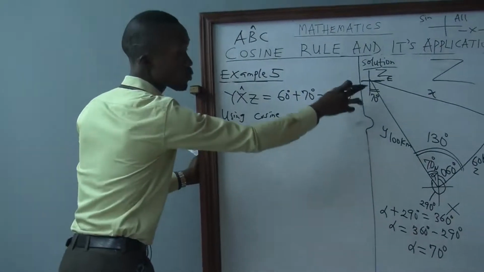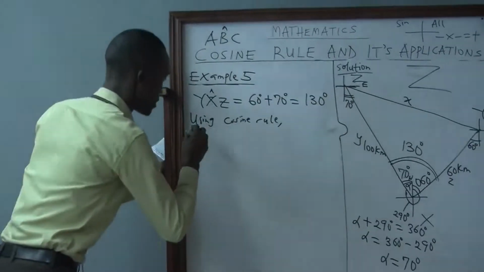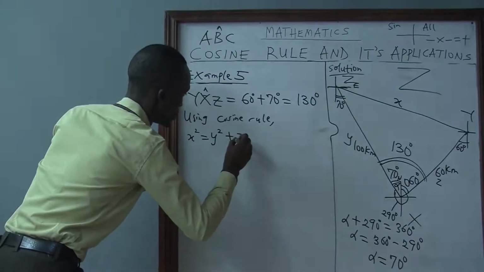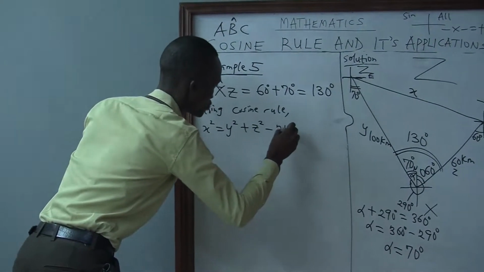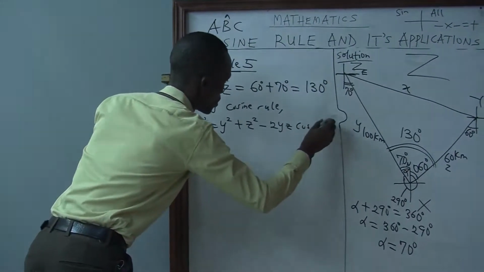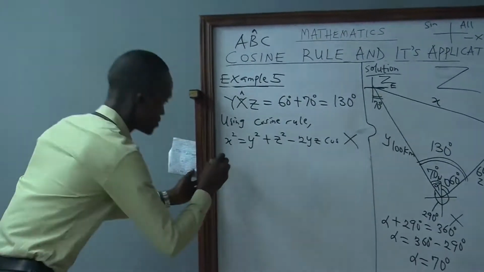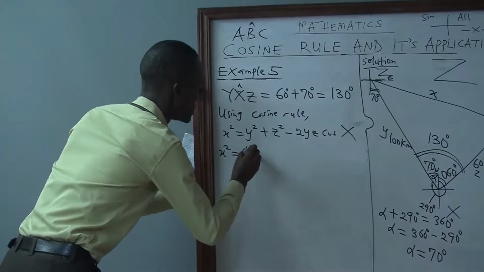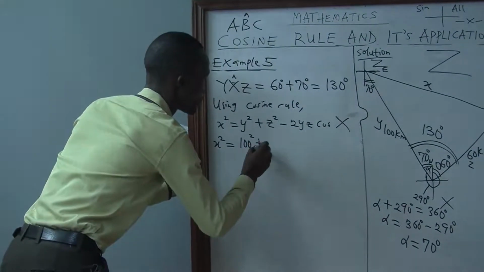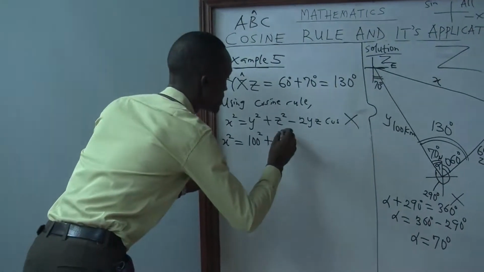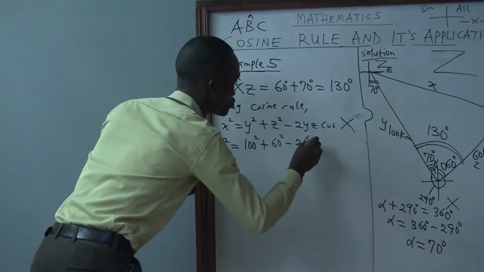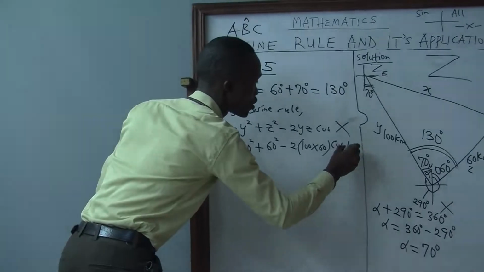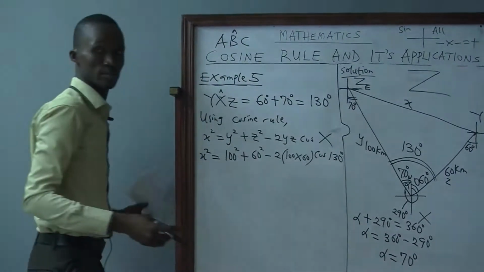Since we are to find x, we have x squared equals y squared plus z squared minus 2yz cos x. So by substituting, we have 100 squared plus 60 squared minus 2 into 100 multiplied by 60, then cos 130 degrees.